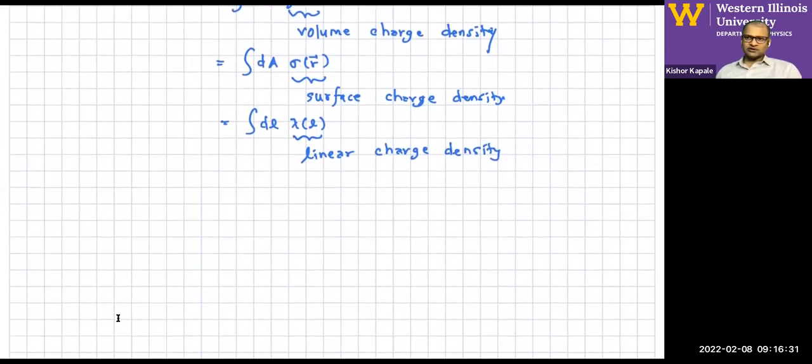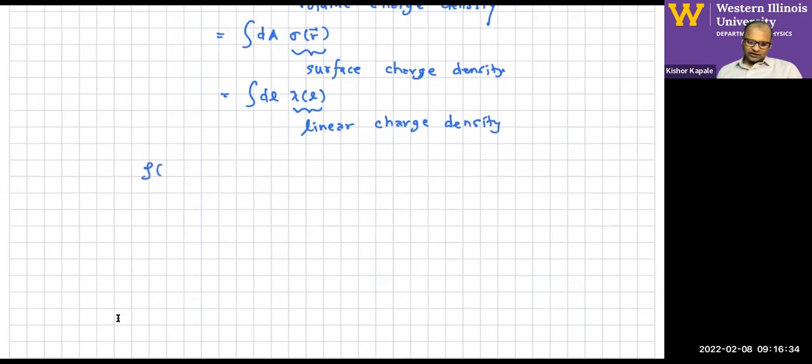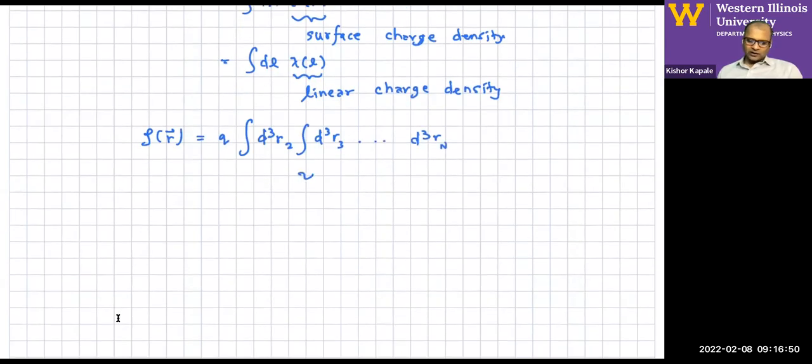So I'm just going to take a minute here. How do you get the charge density connection with the other parts of the physics, like, for example, quantum mechanics? It comes from d cubed R2, d cubed R3, and so on, d cubed Rn, and your quantum mechanical wave function psi, which is a function of the coordinates R1, R2, R3, and so on up to Rn, and the mod square of that.